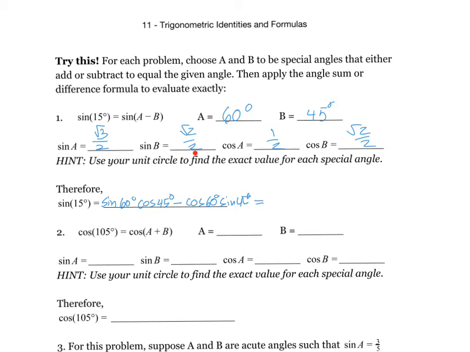I know what they are because those were on the unit circle. So I'm just going to substitute in here root 3 over 2, root 2 over 2 multiplied together, minus 1/2 times root 2 over 2. And that'll simplify down nicely to root 6 minus root 2 all over 4.